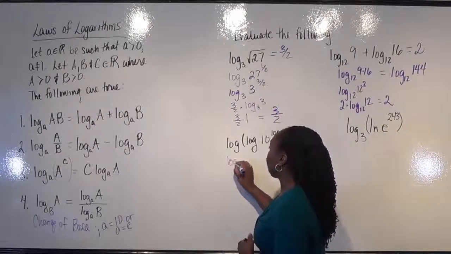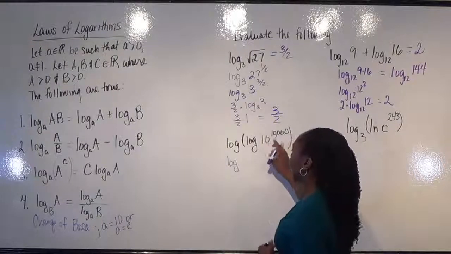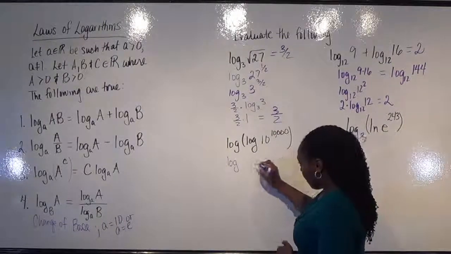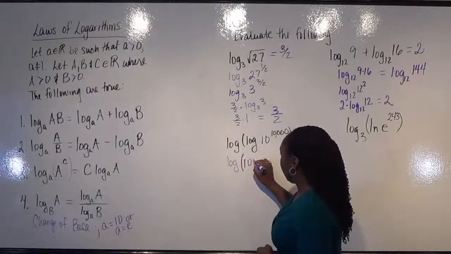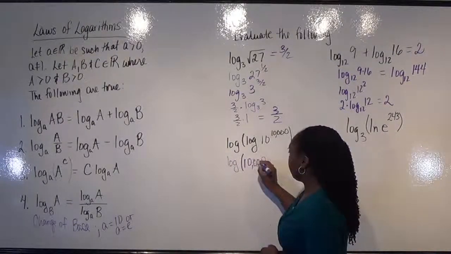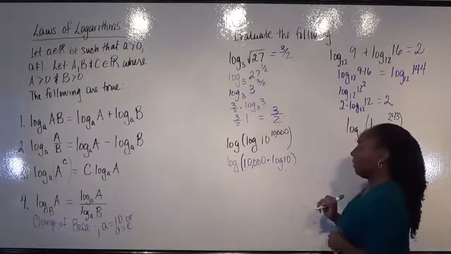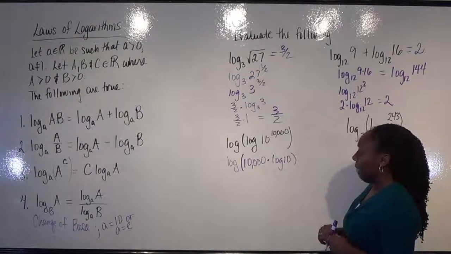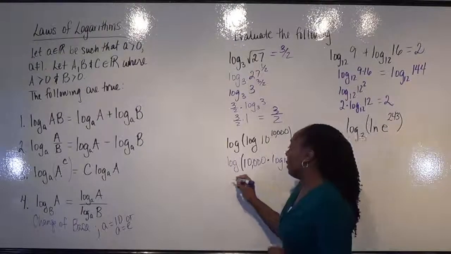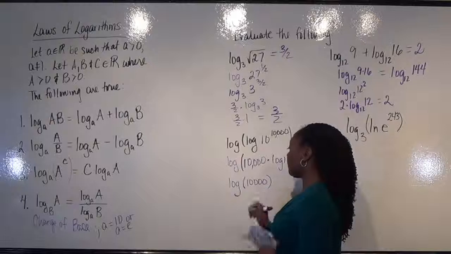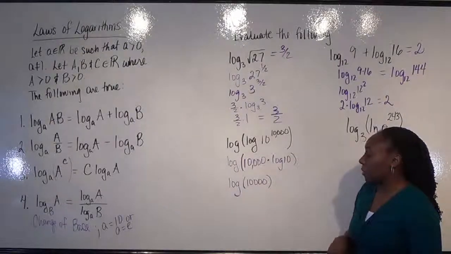So here, log base 10 of 10 to a power, well, that's just what we looked at right here. So that's 10,000 times log of 10. Well, log of 10, because it's base 10, is just going to be 1. So we're just looking at log of 10,000. And then we can do the same thing.